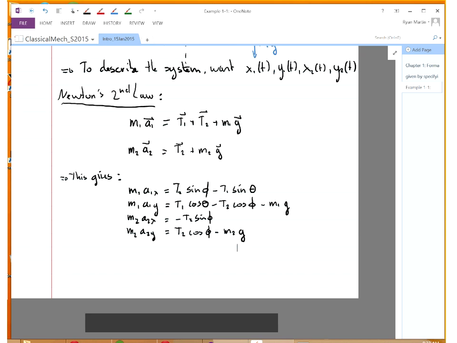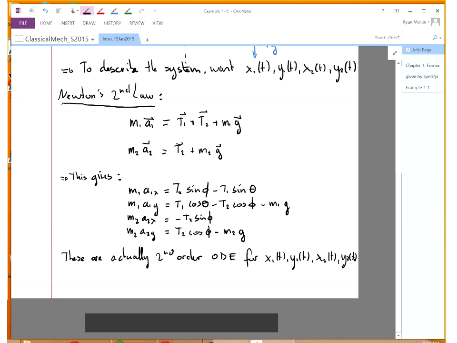That's because a1x, for example, so these are actually second order ordinary differential equations for the functions that we want, for x1 of t, y1 of t, x2 of t, and y2 of t.